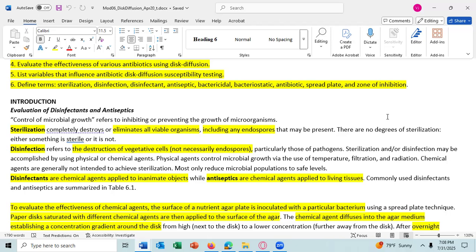Now, usually disinfectants are stronger agents and they can be, I don't know, harsh on the skin. So we don't usually apply disinfectants to the skin. Like usually we don't apply bleach to the skin because it's fairly hard on skin. But doesn't bleach kill living tissue?